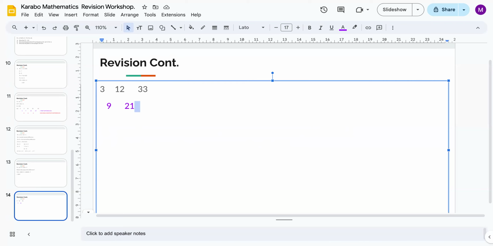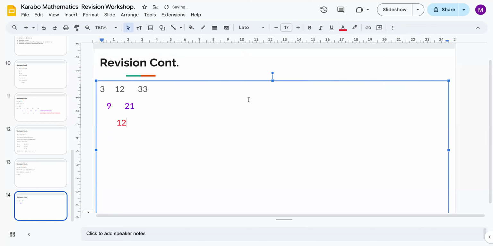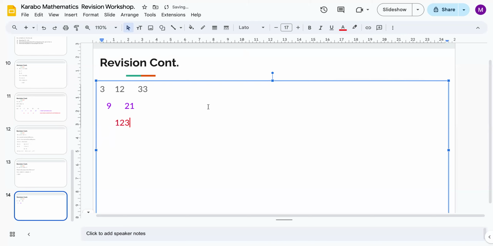I subtract 9 from 21, and that will give me 12. So we'll put this 12 here, in another color, 12. So the constant difference on every second difference is 12.